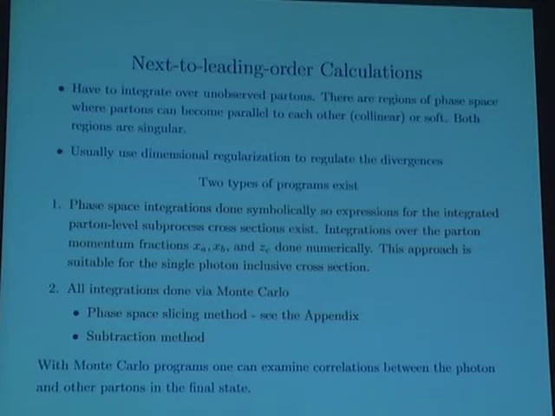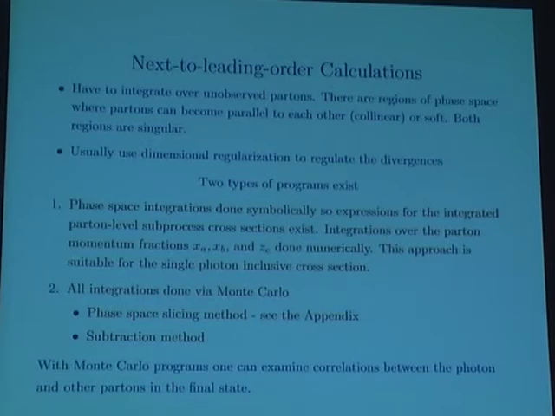That's suitable for distributions that are not very differential, like a single PT distribution. On the other hand, if you're interested in correlations between, say, the photon and the jet, or you want to place experimental cuts on a photon and some of the accompanying hadrons, you might want to have access to the 4 vectors for more of the partons in the final state. And in that case, you might want to do all of the integrations by Monte Carlo.